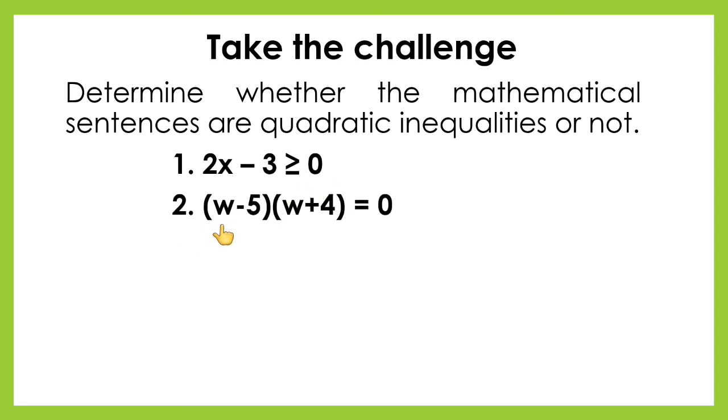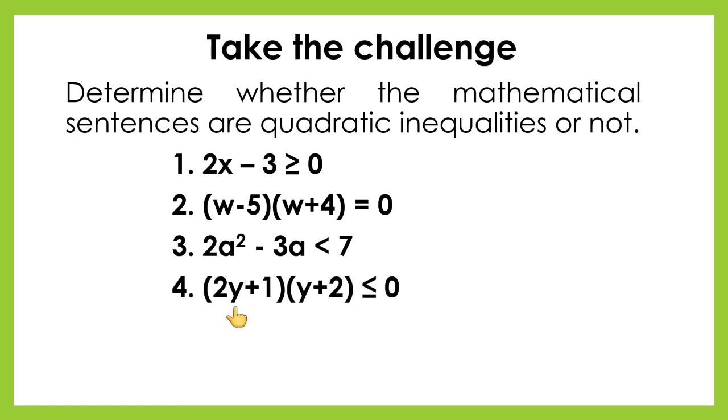Number 2, w minus 5 times w plus 4 equals 0. Number 3, 2a squared minus 3a is less than 7. Number 4, 2y plus 1 times y plus 2 is less than or equal to 0.